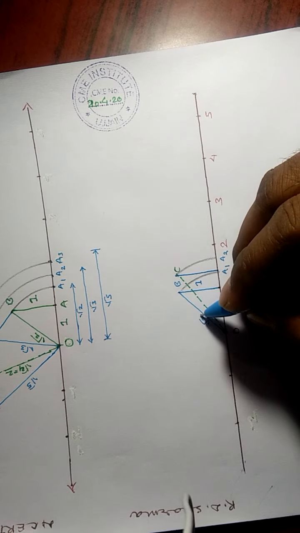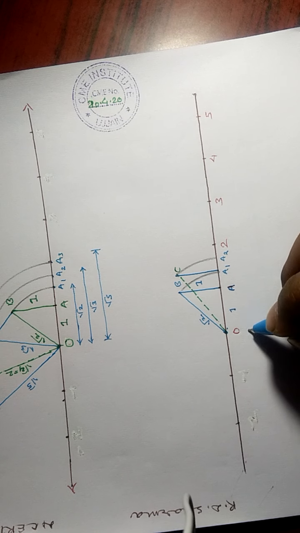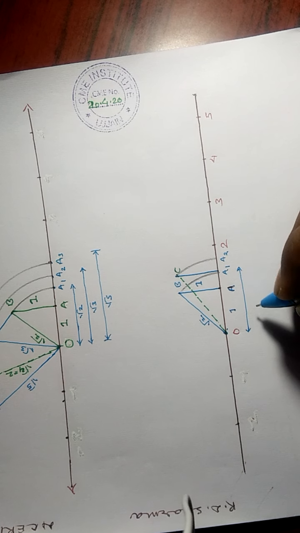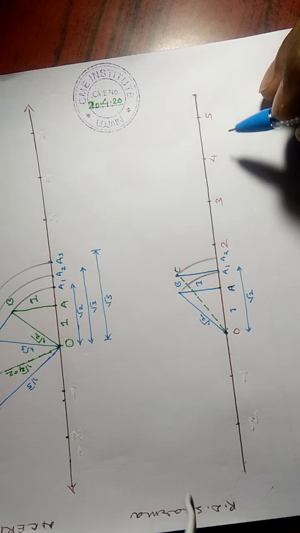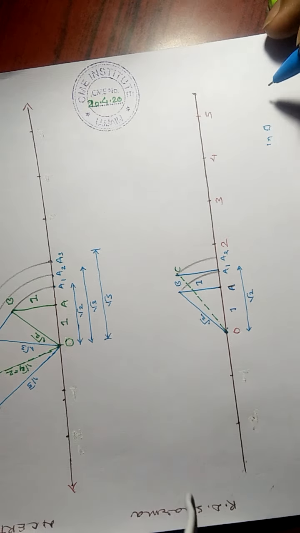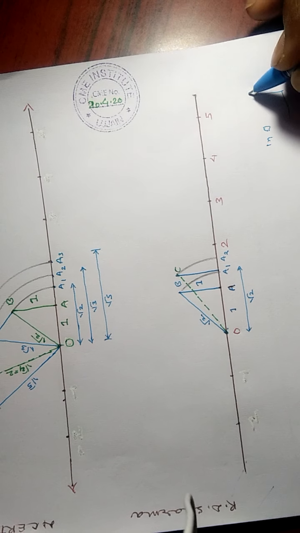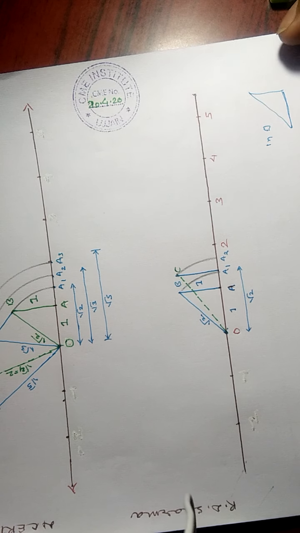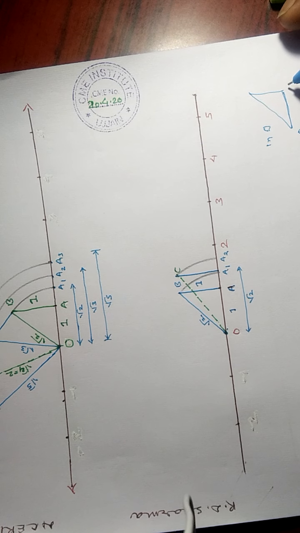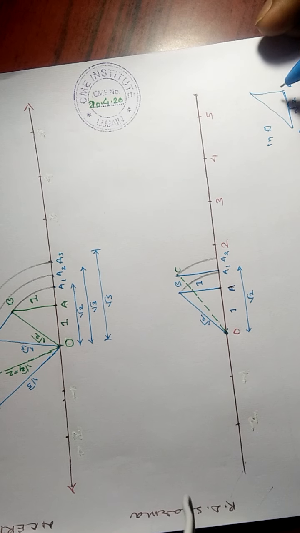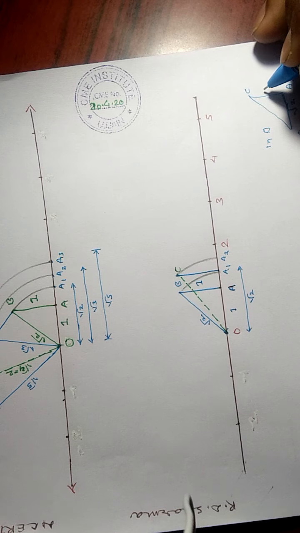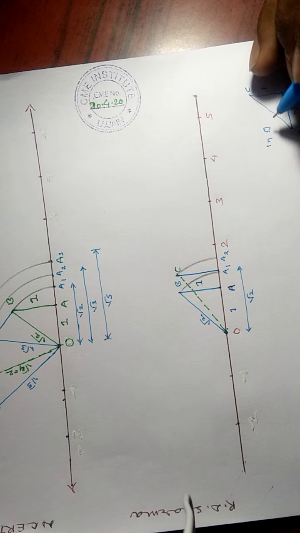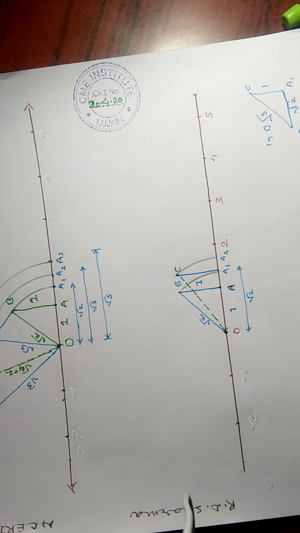Now if OB is equal to root 2, OA1 is also root 2. So in the right triangle, what we find, OA1 is root 2 and A1C is equal to 1 unit, then it becomes your root 3.